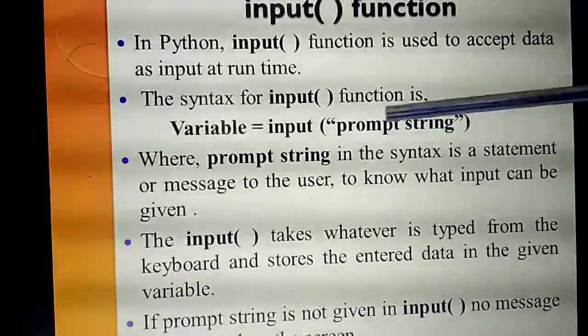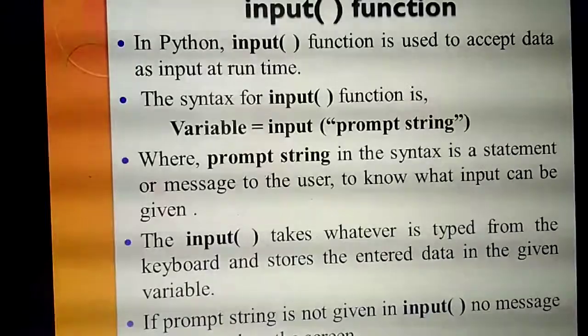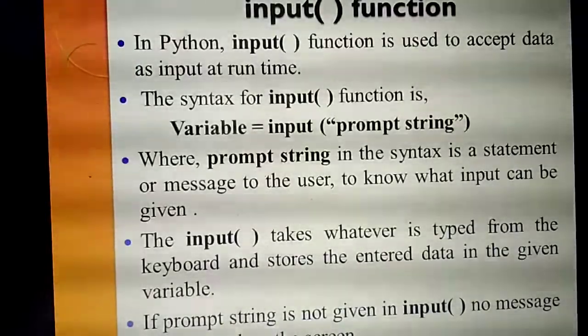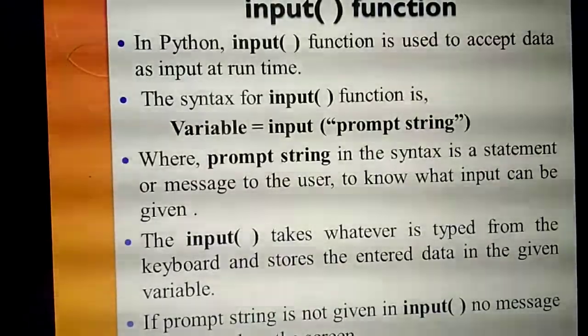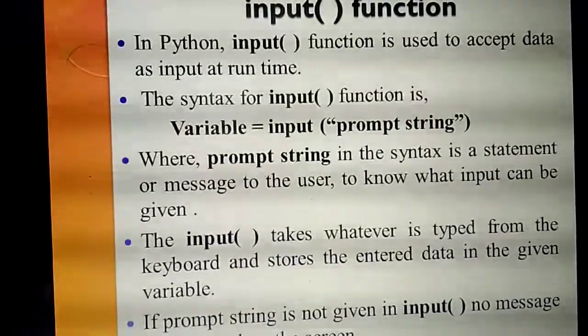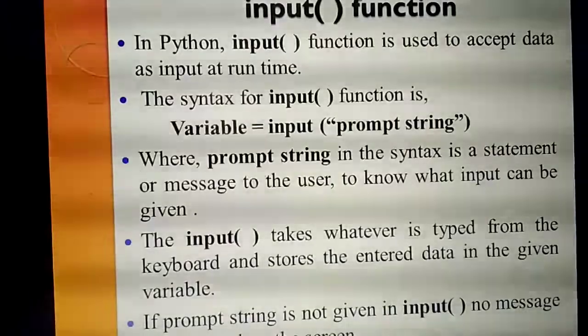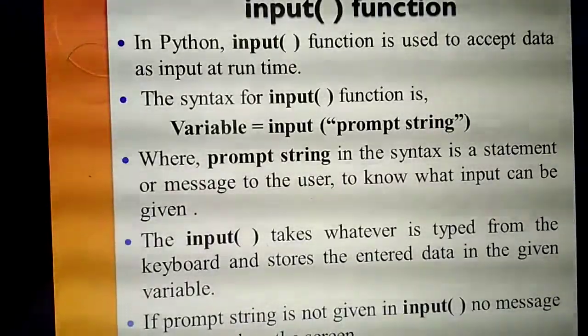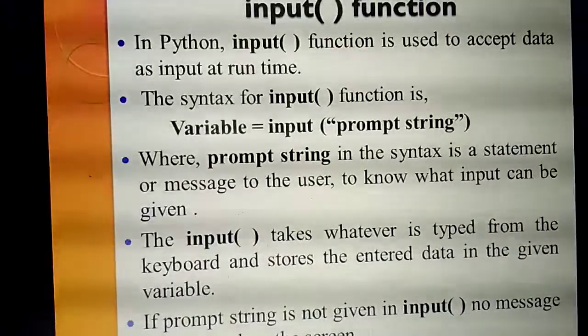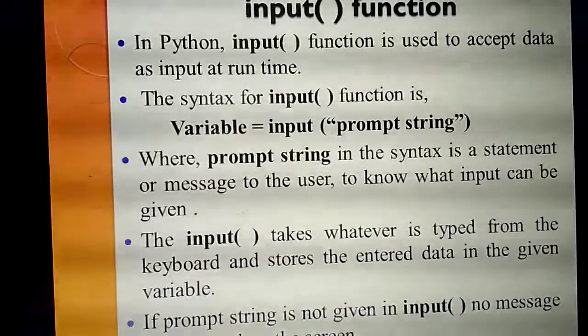So here also this input function, the syntax is, listen: variable equal to input prompt string. Okay. So for each heading, if they ask for a 2 mark question or 3 mark question, first you should write the heading. Input means input function. Output means output function. Then you should write the syntax for the particular function. Okay. Then you need to explain.